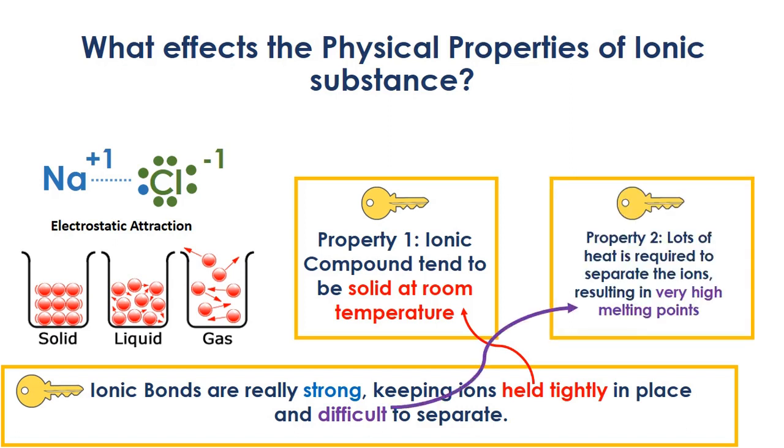The second property is that, because these ionic bonds are really difficult to separate, you need a lot of heat to take these solid substances and turn them into liquid form. Therefore, ionic substances always have a very high melting point, which means it takes a lot of heat to melt ionic substances.